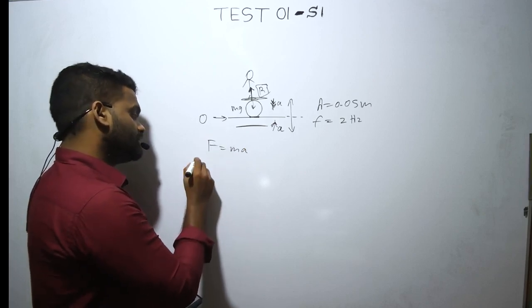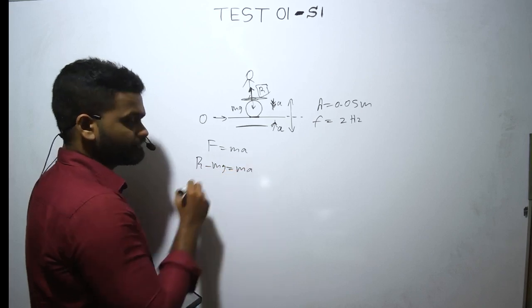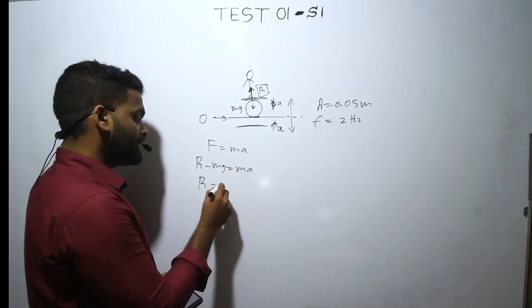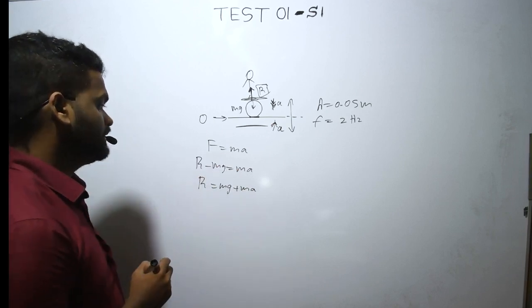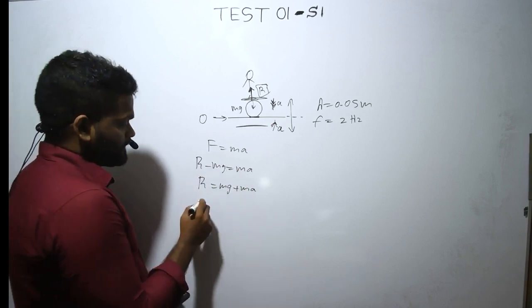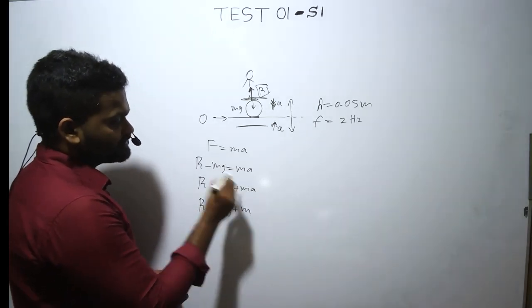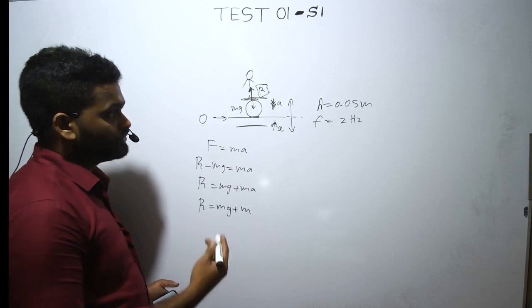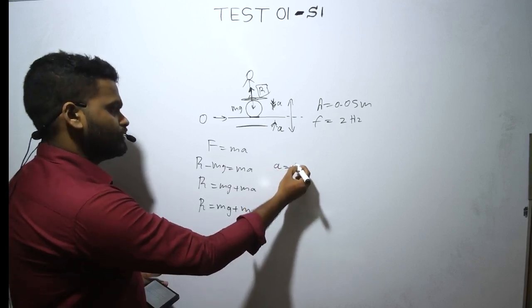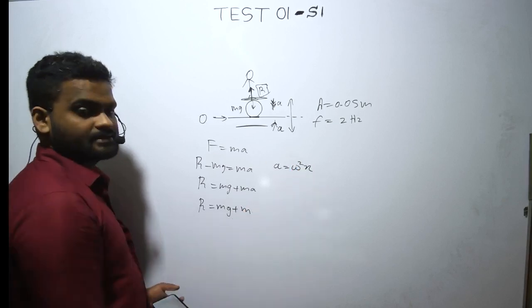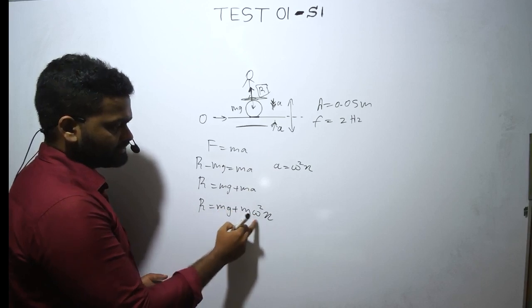So the normal reaction, that is R, minus weight mg, equals ma. Then R is equal to mg plus ma, right? mg plus m, instead of acceleration, you can write what? So this is simple harmonic motion, right? Omega squared x. Instead of acceleration, that is omega squared x.